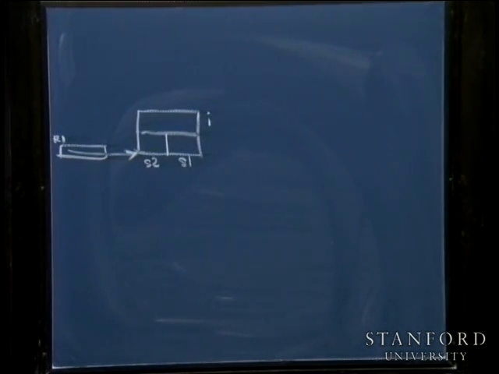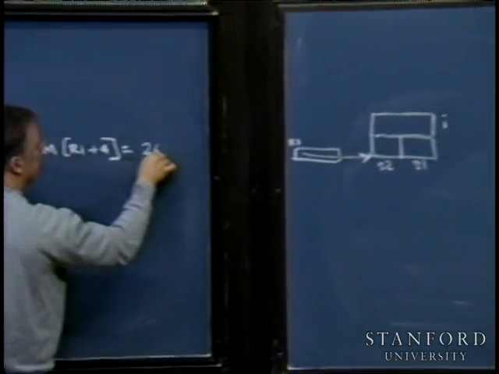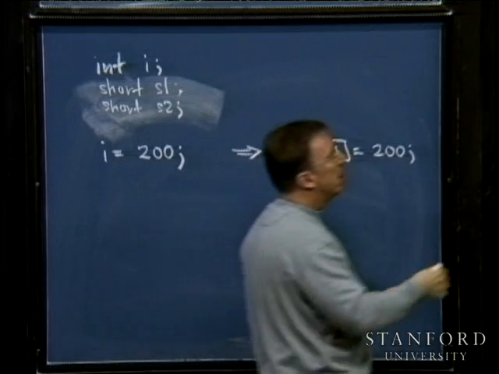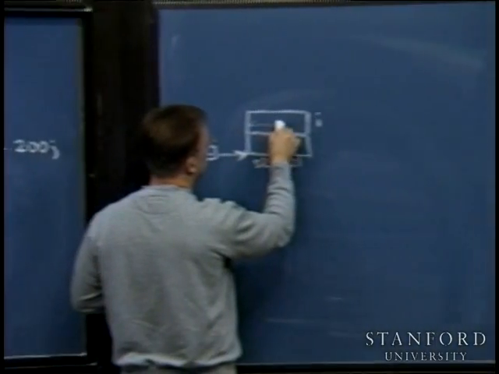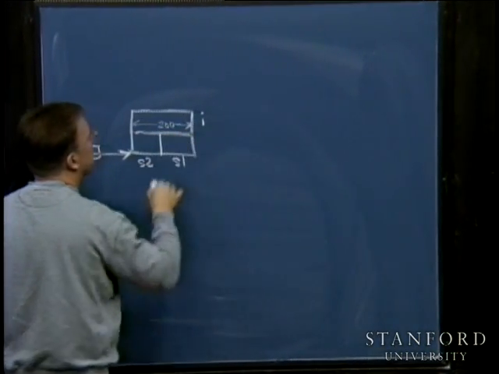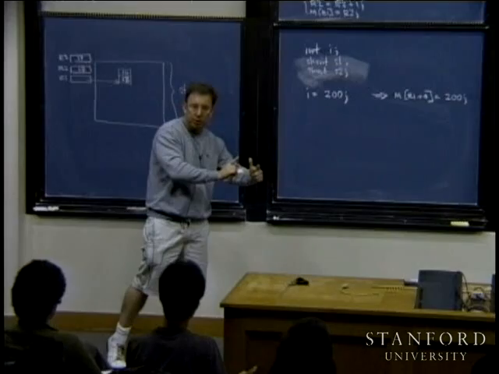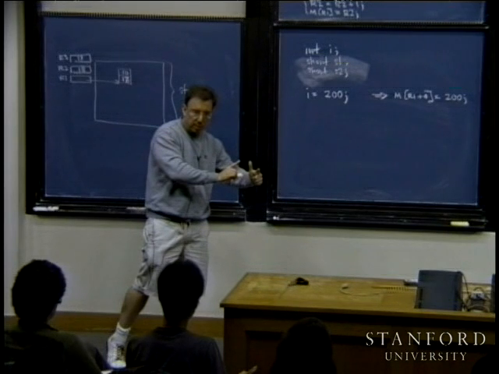R1 plus 4 memory dereference is equal to 200. That means as a 4-byte figure, the bit pattern for 200 is laid down. Now 200 is a pretty small number, so in a big Endian world, we'd expect 1 byte of 0, followed by another byte of 0, followed by a third byte of 0, followed by 1 byte that happens to have all of the 200 in it. Does that sit well with everybody?